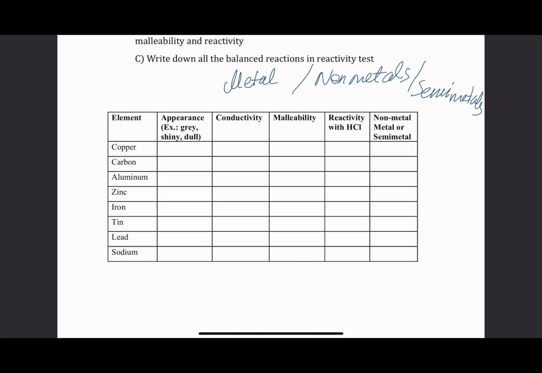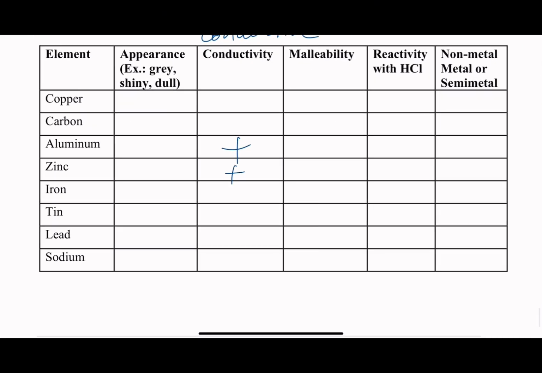And if you know the properties of metals, such as, let's say, we know that they are conductive, right? Conductive. I can say from here that aluminum is a metal, so it will be conductive. This is not my prediction. Zinc has to be conductive, iron, tin, lead, and sodium, they have to be conductive. And copper, the same way, it's a transition metal, it is a metal, but I know that the carbon won't be.